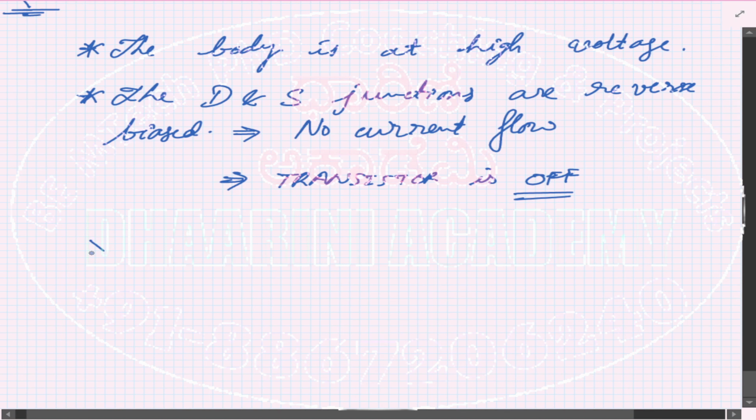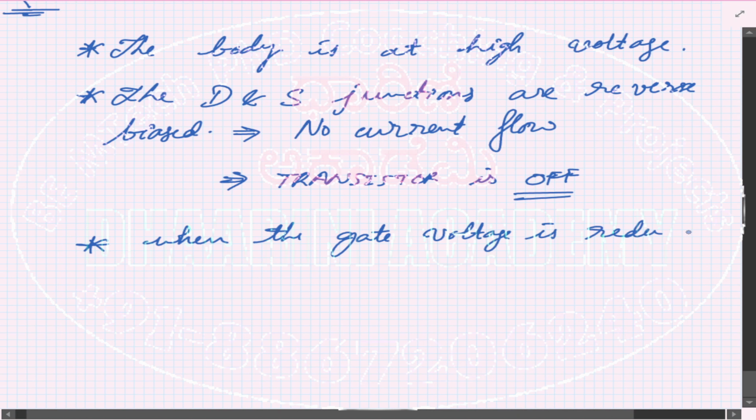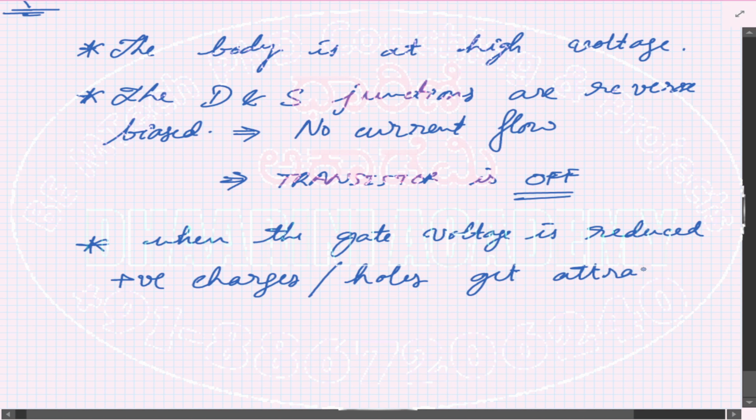So when the gate voltage is reduced, let us try to reduce the voltage. What happens? The positive charges, or you can even write holes, they get attracted towards which region?